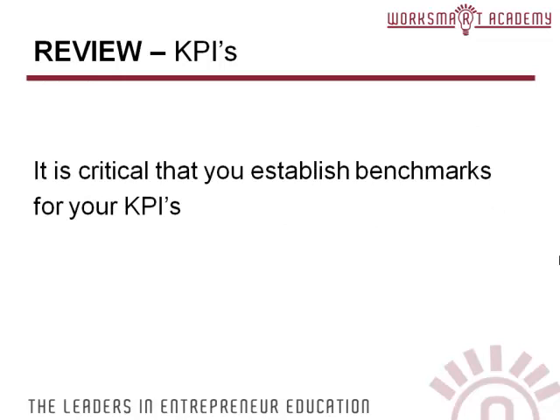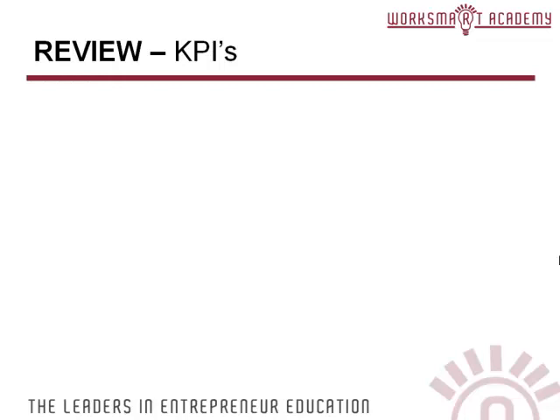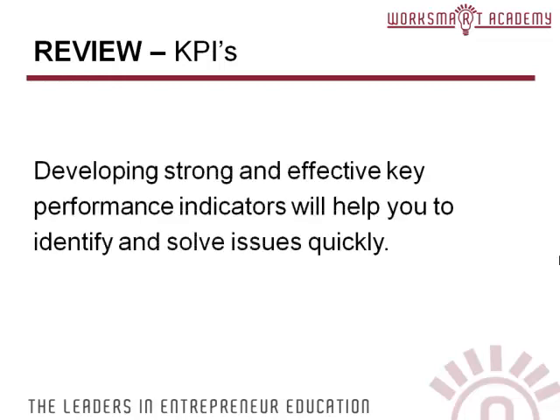It will be critical for you to establish benchmarks for your KPIs. Benchmarks represent the experiences of your competitors in the sector and are a valuable comparison for you to compare your current results, and will also influence the targets that you set within your KPIs.